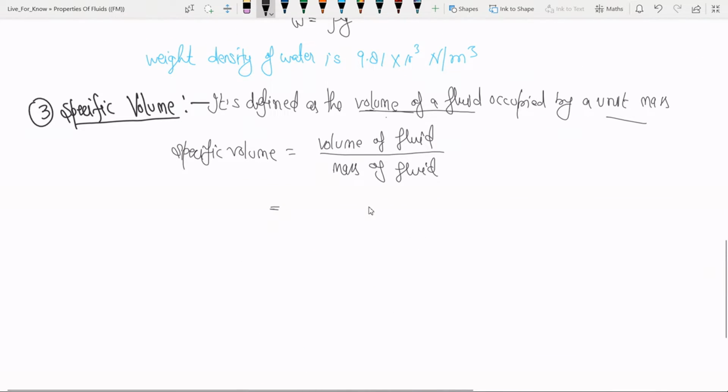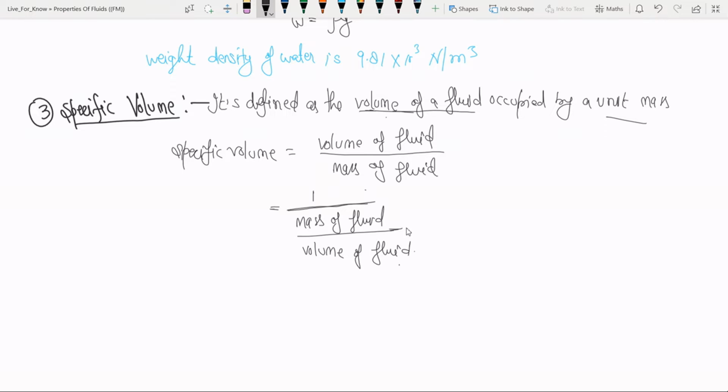So if we divide the whole by 1, that is mass of fluid divided by volume of fluid. It is the density, it is rho.